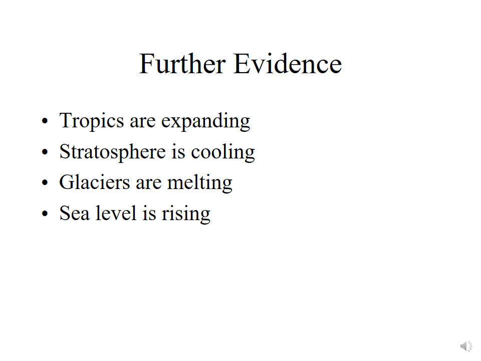We know that glaciers around the world are melting, and we know that the sea level is rising due to the melting of the glaciers that are grounded on the land surfaces. Most of the sea level rise right now is occurring due to melting of Greenland, but what's scary is that there's a lot of melting going on in Antarctica now, especially in the West Antarctic Peninsula, that is starting to contribute to sea level rise.